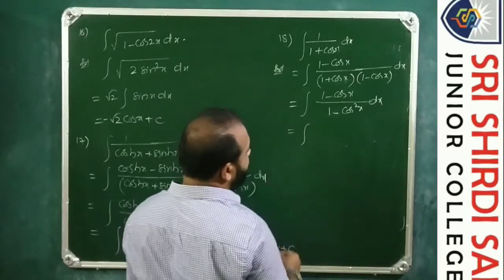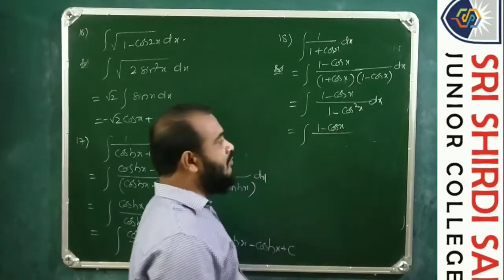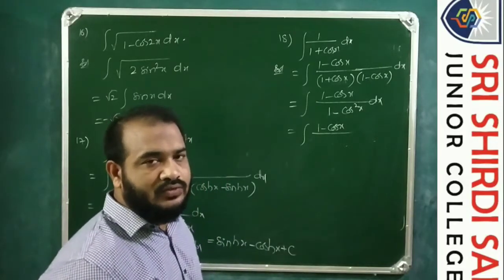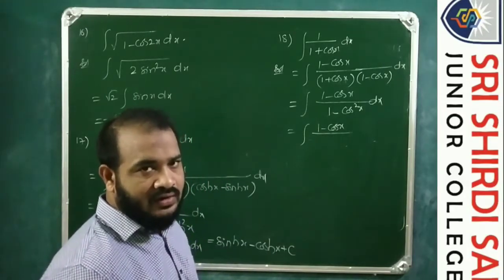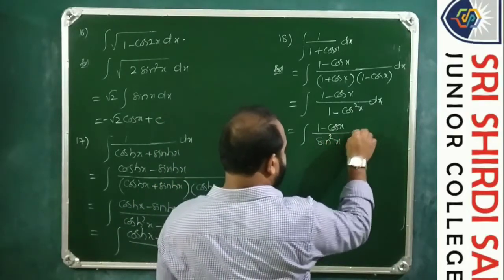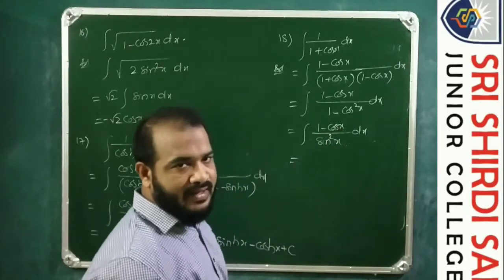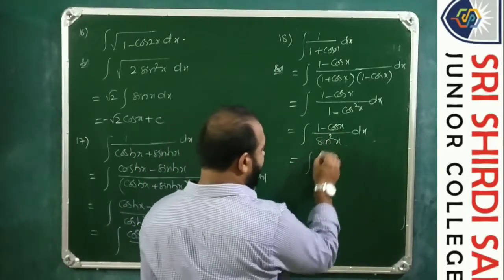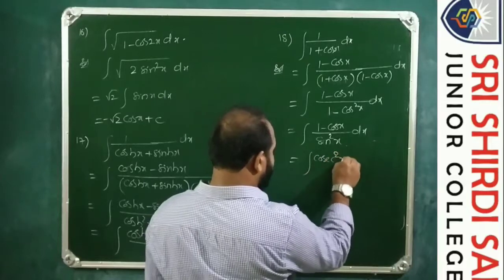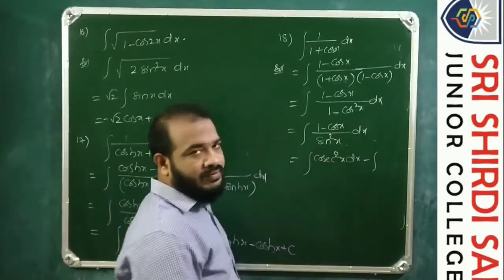So this is equals to 1 minus cos x by 1 minus cos square x. Sin square x plus cos square x is equals to 1, so 1 minus cos square x is sin square x dx. So this is a minus b by c, a by c minus b by c. 1 by sin square x is cosecant square x dx minus cos by sin is cot, 1 by sin is cosecant.